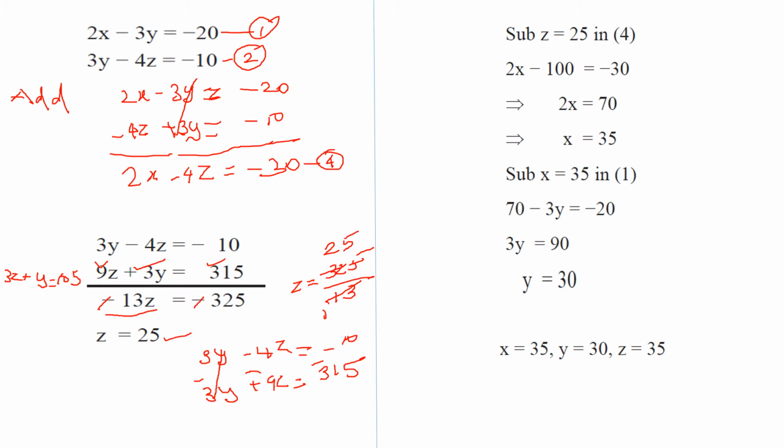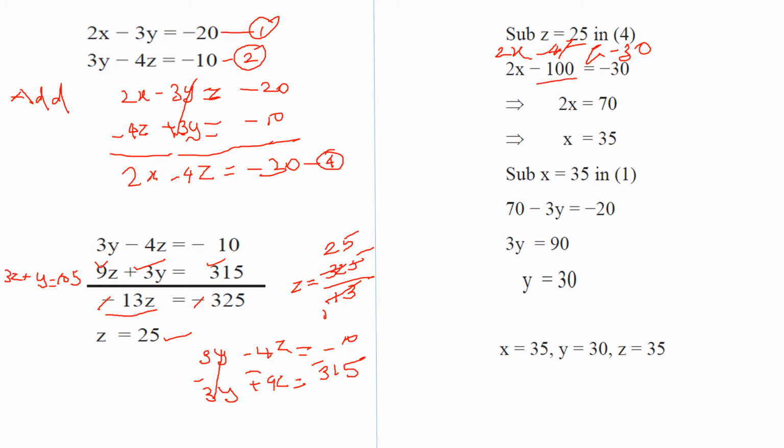So substitute z equal to 25 in the fourth equation. Our fourth equation is what? 2x minus 4z equal to minus 30. So the z value you substitute here: 2x minus 4 into 25 equal to minus 30. So 2x minus 4 into 25, 100, equal to minus 30.